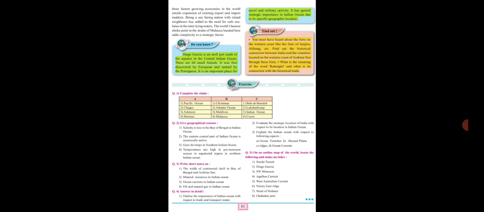The world's busiest choke point, the Straits of Malacca, located here, adds complexity to the strategic factor. There is a particular strait called the Strait of Malacca, which adds a lot of complexity where strategic growth is concerned.